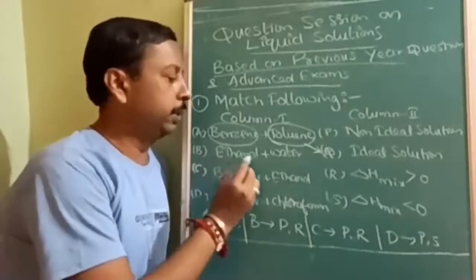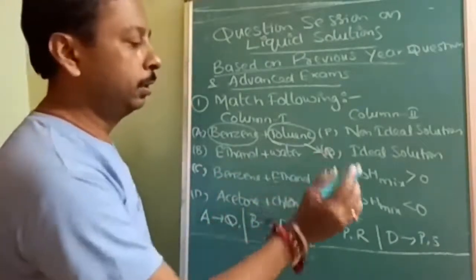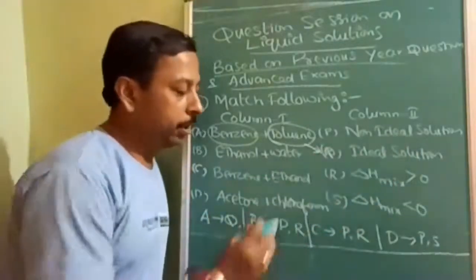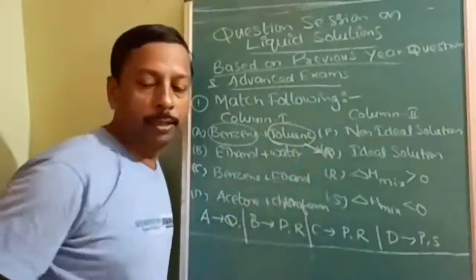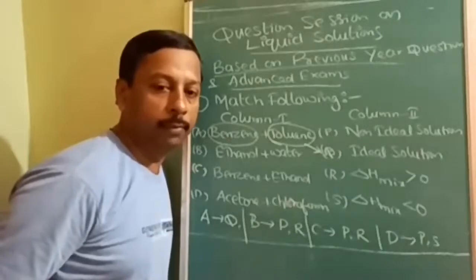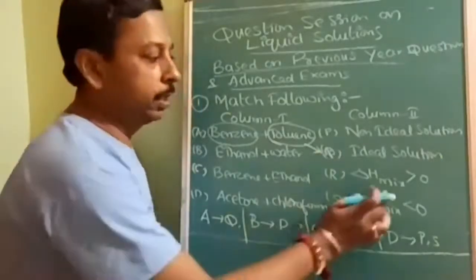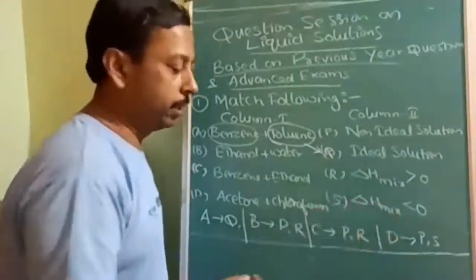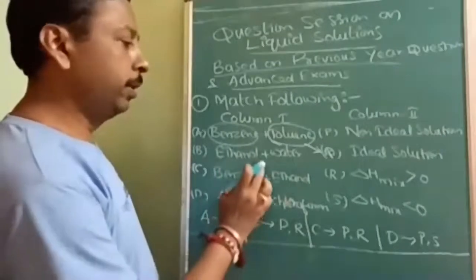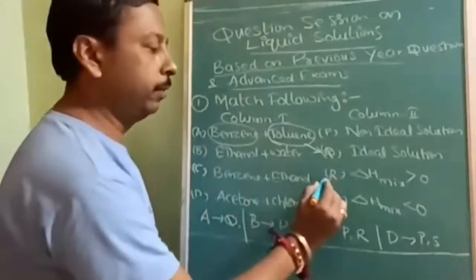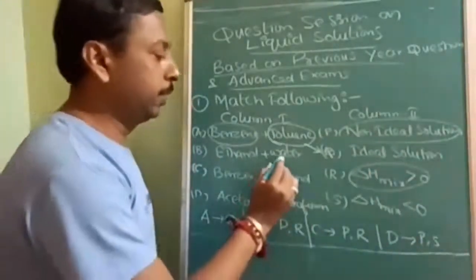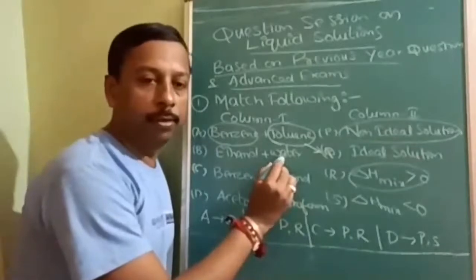Then option B, ethanol and water. Ethanol and water will be P, a non-ideal solution. After non-ideal, you have to identify whether it is ideal, non-ideal with positive, or non-ideal with negative deviation. If it is positive, delta H mix will be greater than 0. If it is negative, delta H is less than 0. So here in ethanol and water, it will be non-ideal with positive deviation, because in water there is extensive hydrogen bonding.